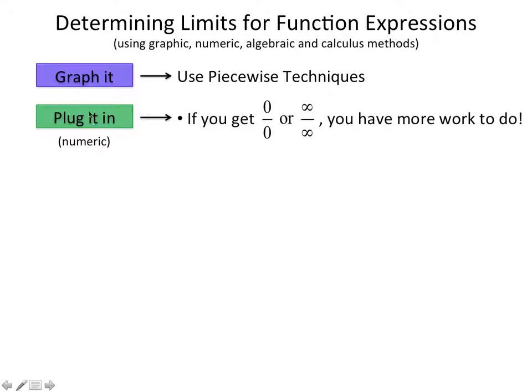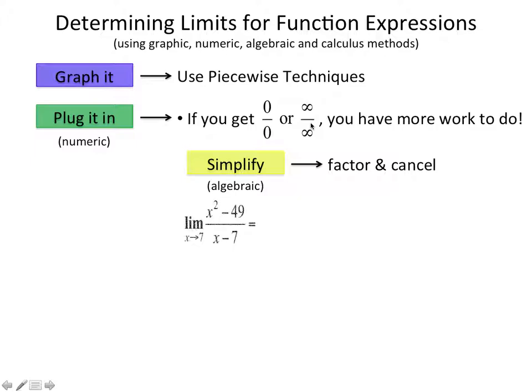The problem with plugging it in is that when you get 0 over 0 or infinity over infinity, you can't evaluate that numerically. So that just means we have to try another strategy. If you remember, one of our strategies was to algebraically simplify the expression to see if that helps us eliminate this scenario.